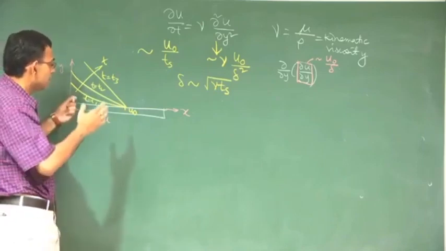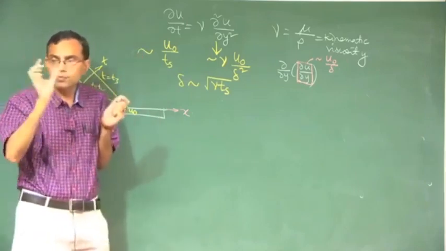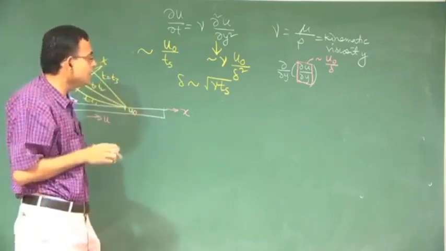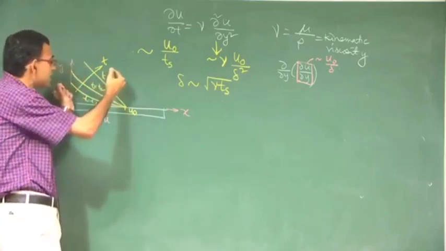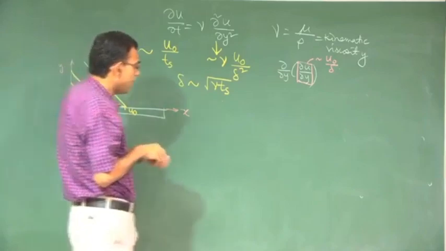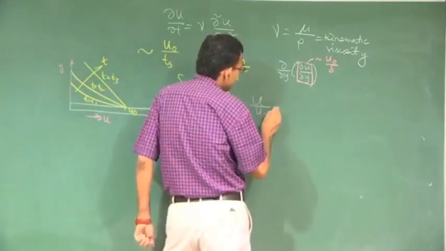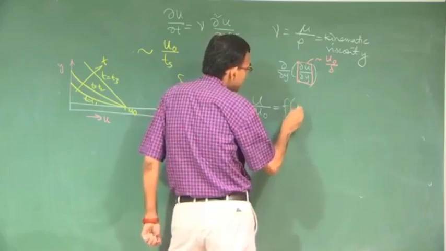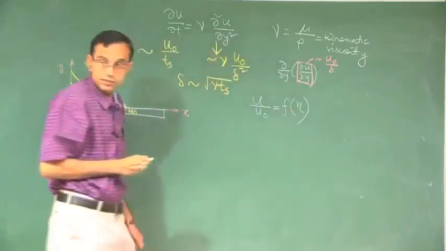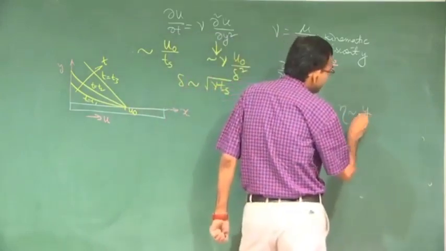However, you can collapse all these data in the form of a single variable if you try to understand the similarities of these. What is the similarity? The similarity is that u by u0 is a function of a single variable eta, where eta scales with y by delta.